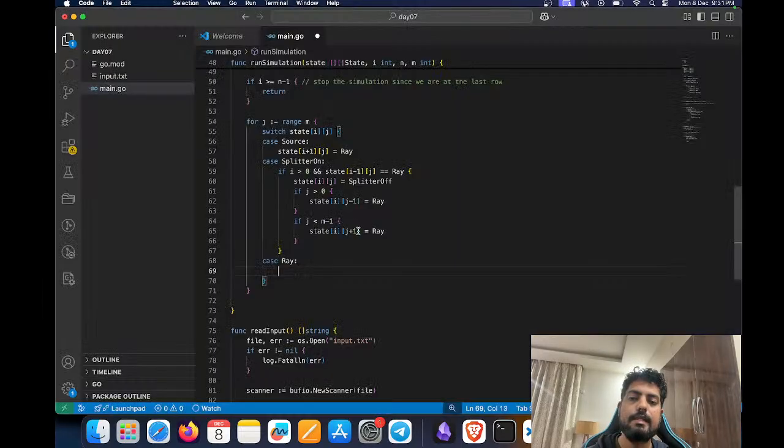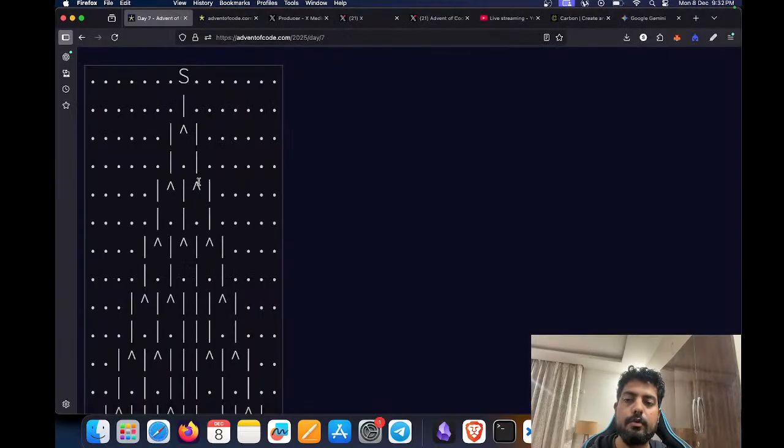There are many cases that we are missing because we know those cases won't occur in this problem. So if we have a source which is only at the top, then we are marking the below one as ray. If the splitter is on and we see a ray, then we turn it off and initiate two rays just on the sides of that, if the positions fit within the valid bounded range that we have, like n cross m.